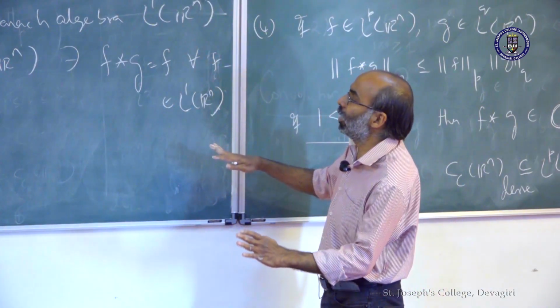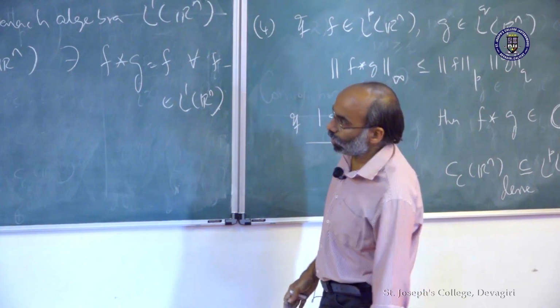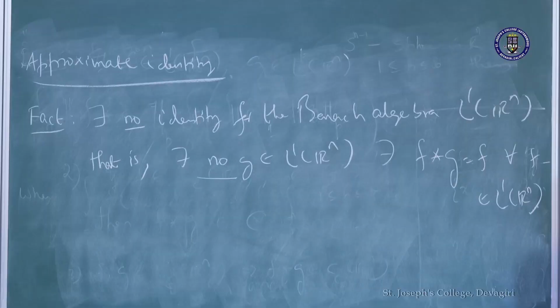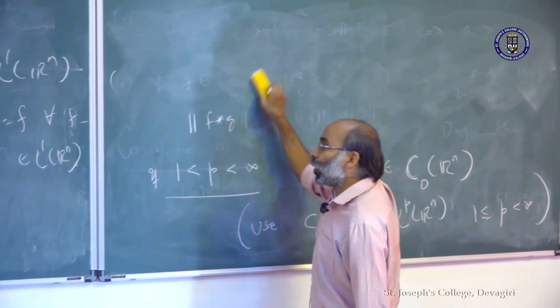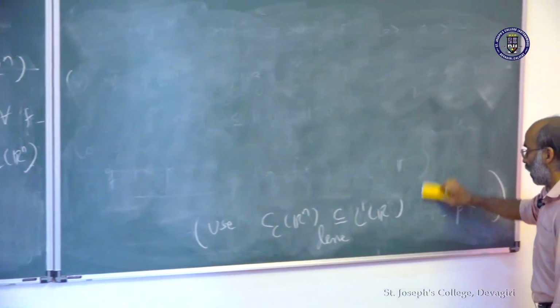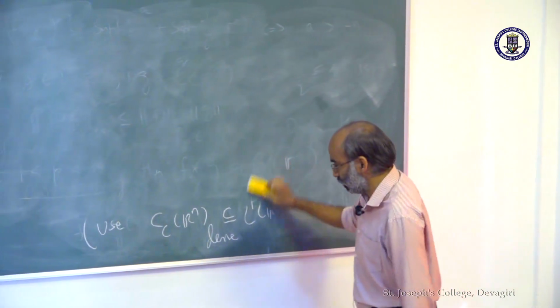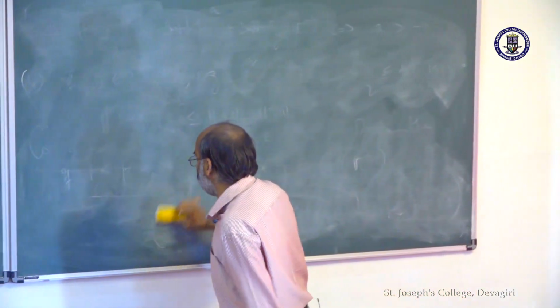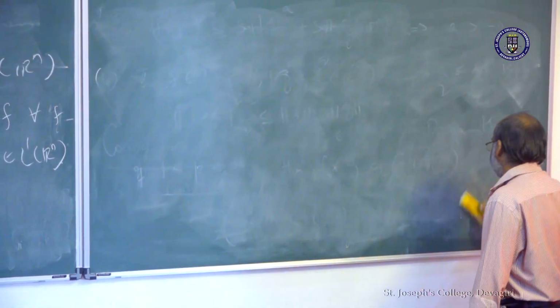A neater proof can be given using the Fourier transform. After we define the Fourier transform and look at some of its properties, it will be immediate that there is no identity. But we can get approximate identities in the sense that we can get a sequence of functions which will converge to whatever the identity should be.